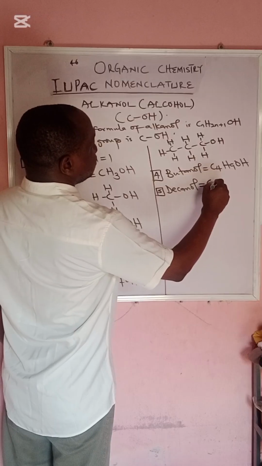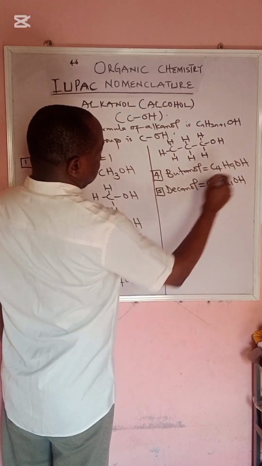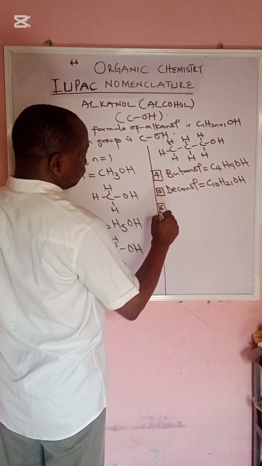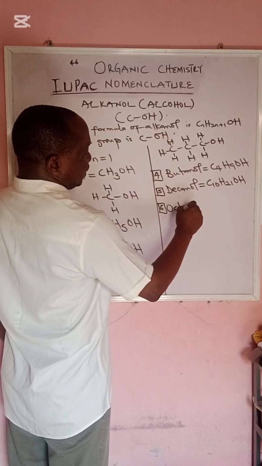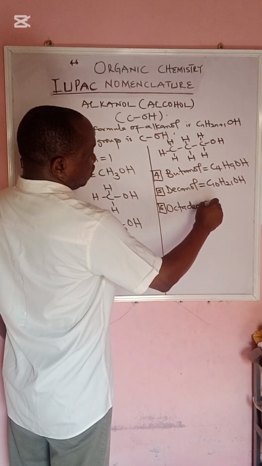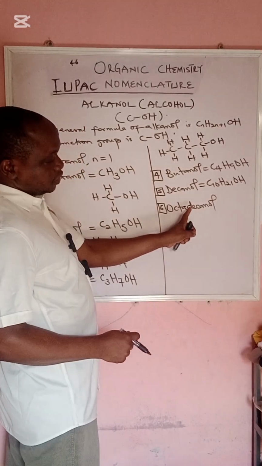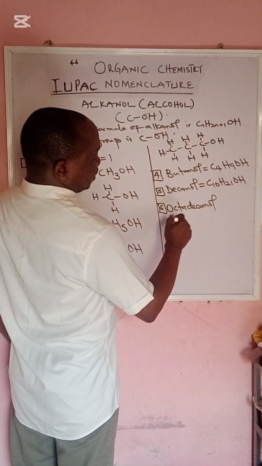5. Let me say decanol. That is C10H21OH. 6. Let's see octadecanol. Octa is 8, decanol is 10, that is 18. Octadecanol.